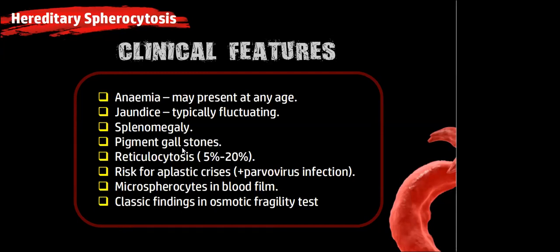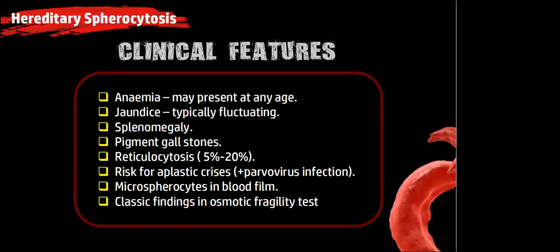And the full blood count shows reticulocytosis, and they are prone to the risk of aplastic crisis, which Amina has explained; they usually present with pancytopenia.